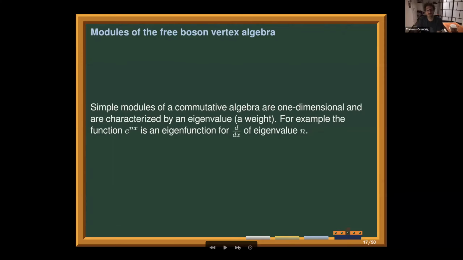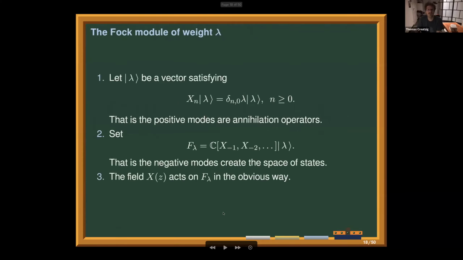So we want to kind of lift them. And the lifts are called the Fock modules of weight lambda. This means we proceed with the construction of the module almost exactly in the same way as before, just that we now choose our favorite weight lambda, say a real number or an integer or a complex number, depending on our taste in the moment.